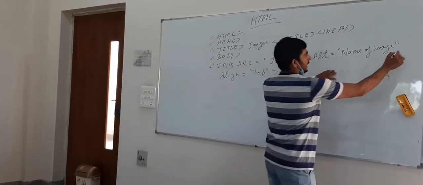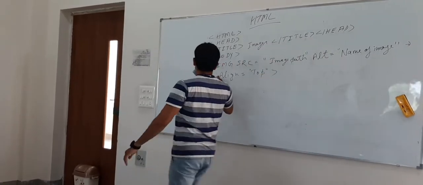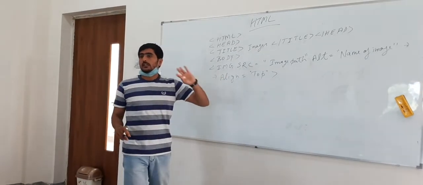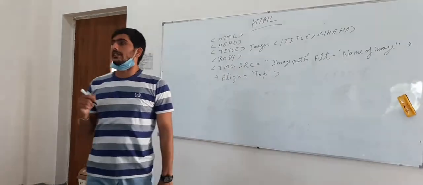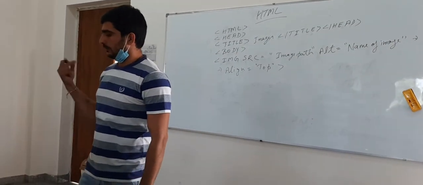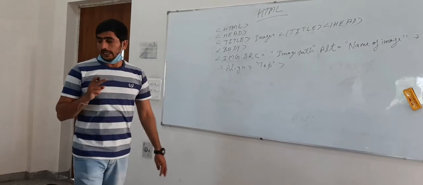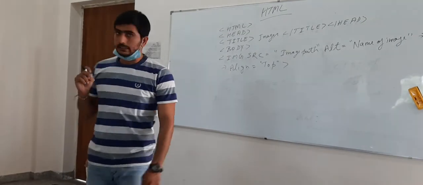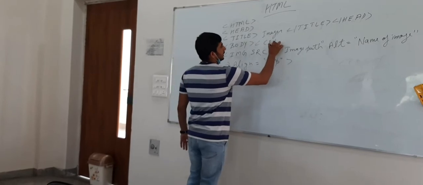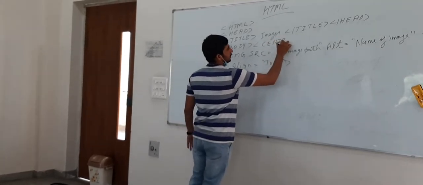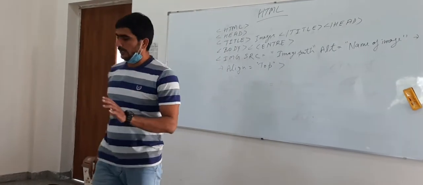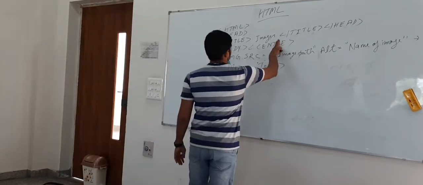From here you can start. Now we can check whether we want the image to start from the center, or maybe from the left. These things we can choose. Here we can put center, so the image should start from the center.